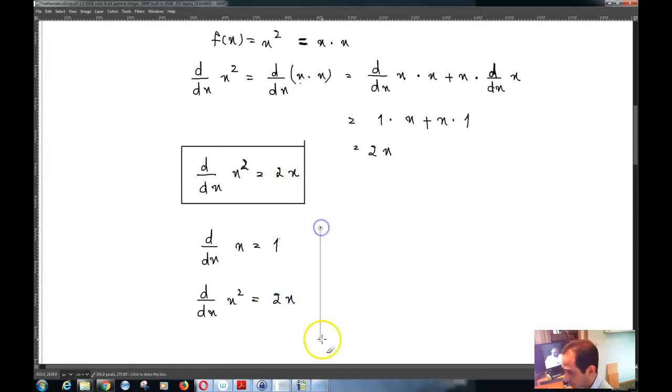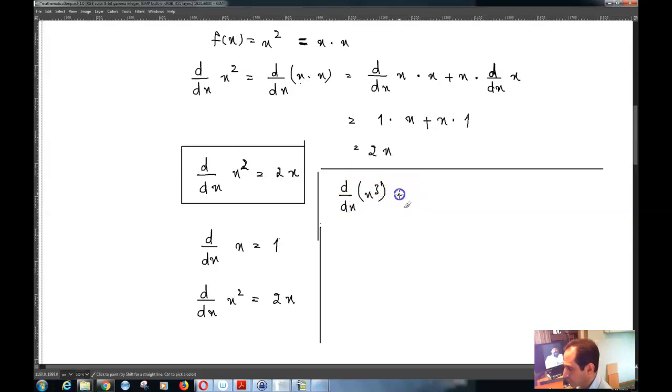Now, if you have d by dx of x cubed, it is the same thing as d by dx of x times x squared, which you can write as d by dx of x times x squared plus d by dx of x squared times x.